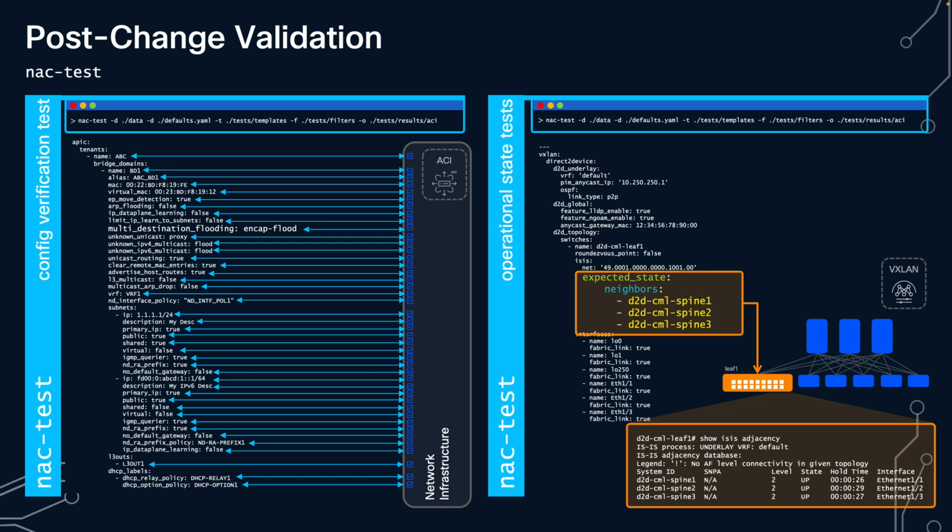Based on that, this operational state test passes. These operational state tests can include many different aspects of the devices in the network, allowing you to say, okay, I have configured the network, and now I can also verify that the network is in the expected state that I want it to be after the configuration is complete.